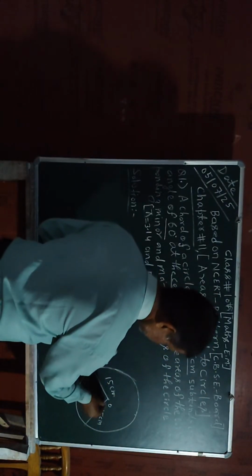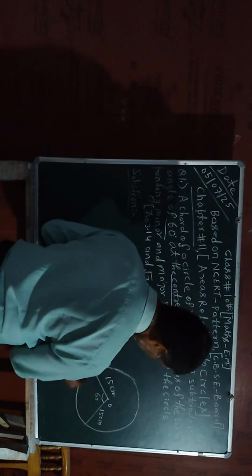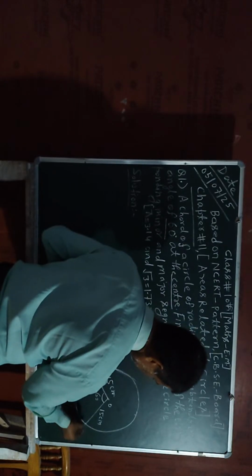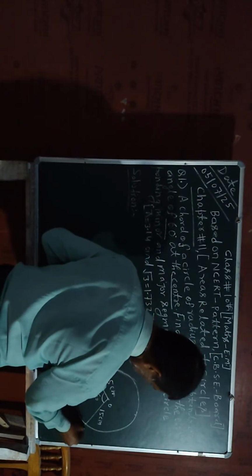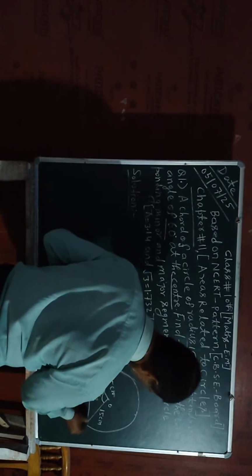The angle subtended at the center of the circle is 60 degree. Now I am taking one point on the circumference of the circle, that is A, and another point on the circumference, that is B. Now I will join points A and B. So I will say this is the chord of the circle.